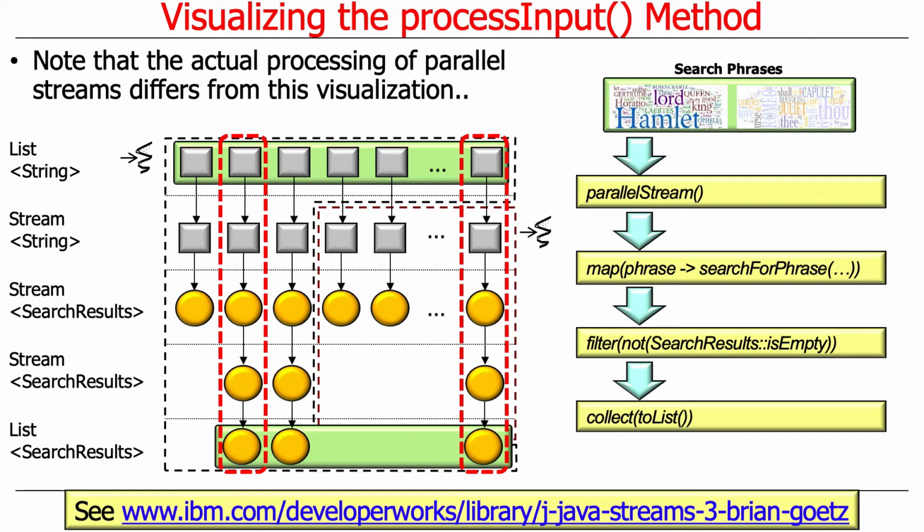Now, keep in mind, of course, as I've talked about many times, that it may appear at first glance as if the processing is done level by level, but in fact it works by pulling the data through the stream one element from the source at a time. When you have parallel streams, you'll end up with different threads in the pool pulling the elements from the data source in different ways. That's what the spliterators are all about.